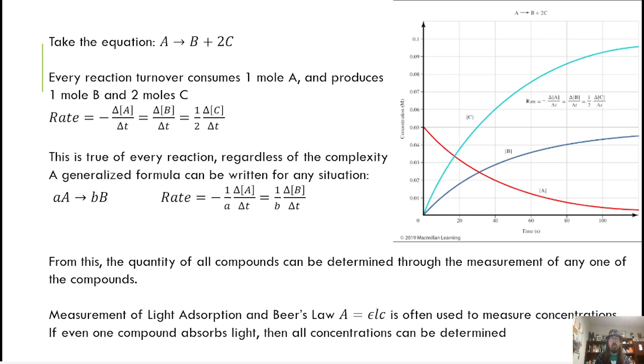But we just know whenever 1 A goes away and this reaction turns over one time, the byproduct is 1 B and 2 C. But from this, we can figure out the quantity of all compounds and the relative rates of all compounds as long as we can measure one of those compounds.